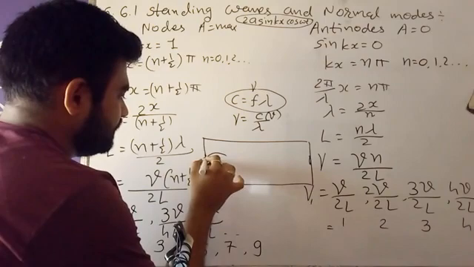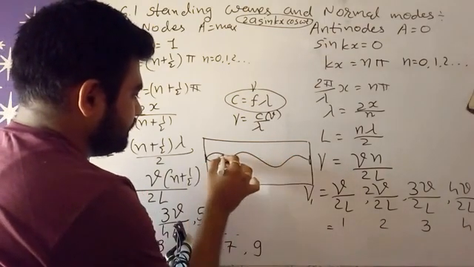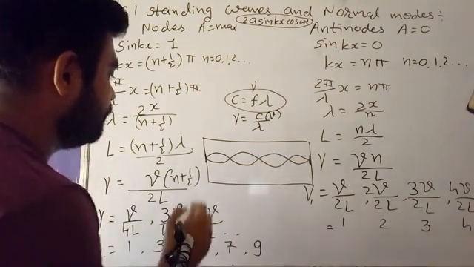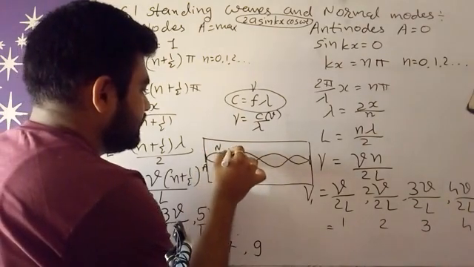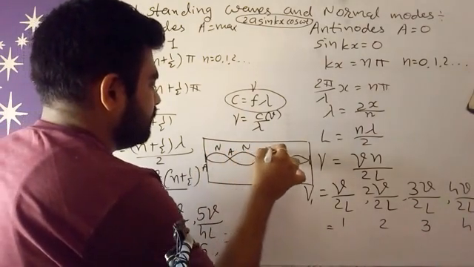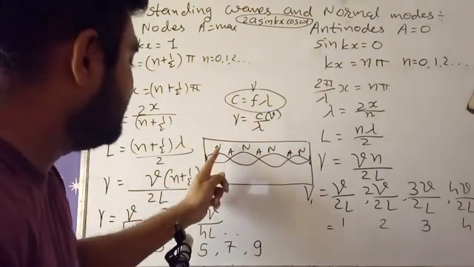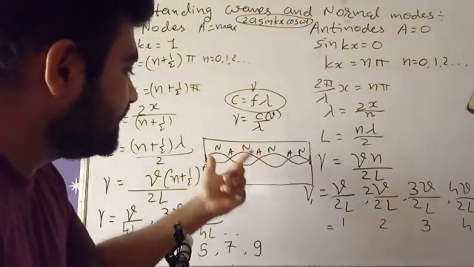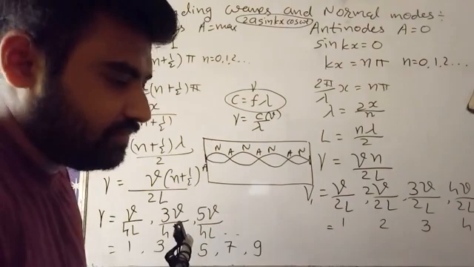So this is node, antinode, node, antinode, node, antinode, node. For every antinode point there is maximum amplitude, and for every node point there is minimum amplitude. So this is for the closed pipe.